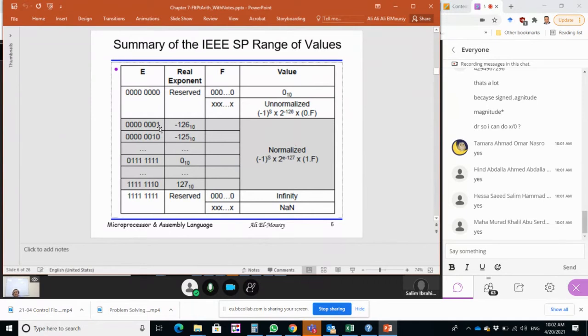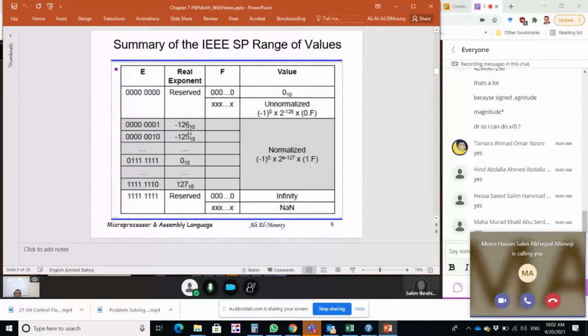Be careful, remember something: the exponent is biased. So when I have the number 00000001 in the exponent, this converts to which real value in decimal?